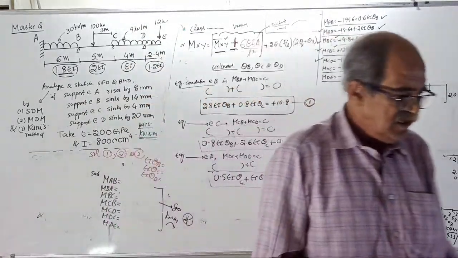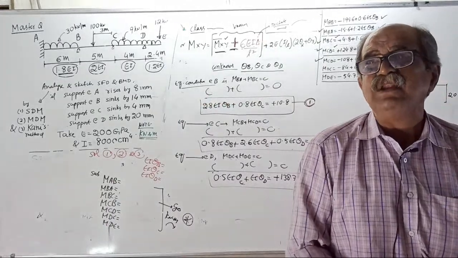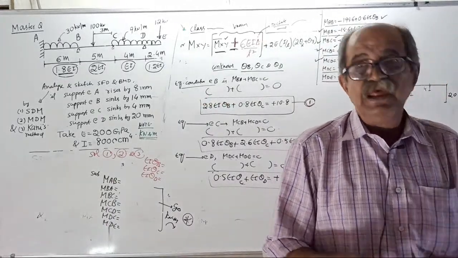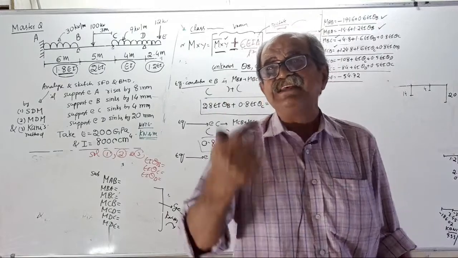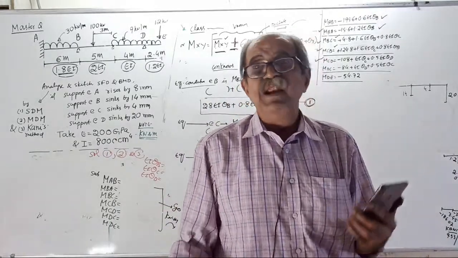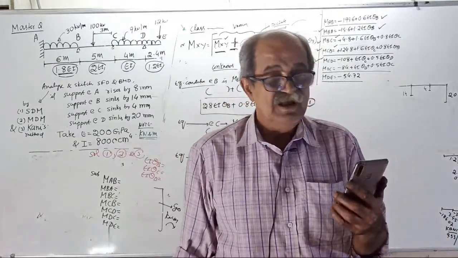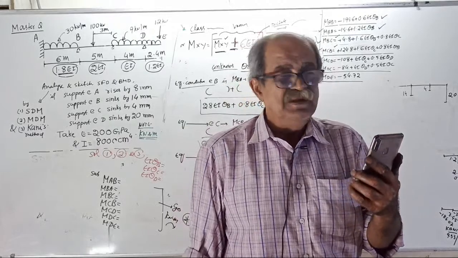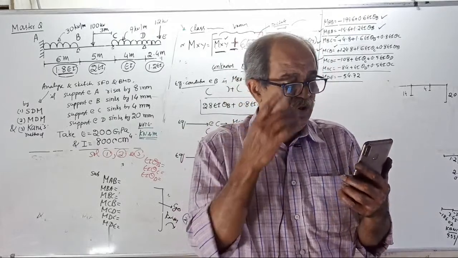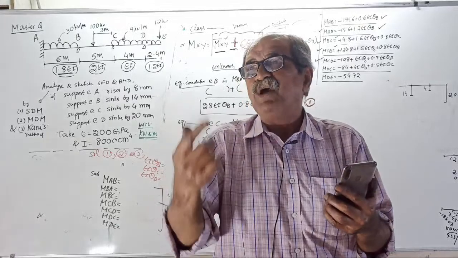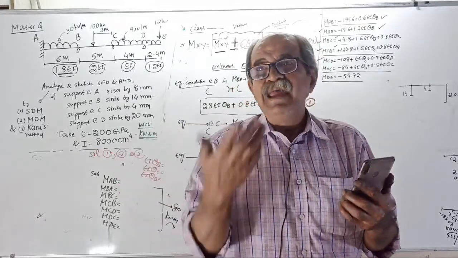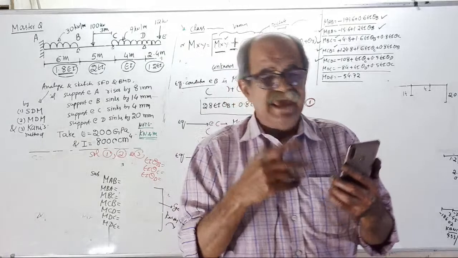Agreed? Infinite percent guarantee, not 100%. I can risk my life. Same answer will come in MD and Kani. Yes or no? It will come because it is my class. In my class, no question can escape.